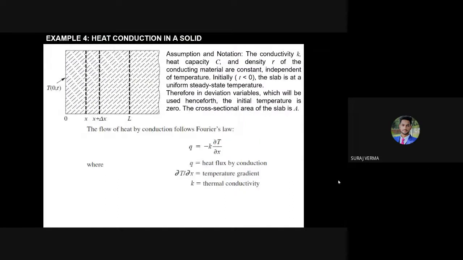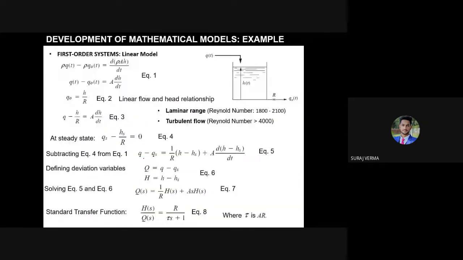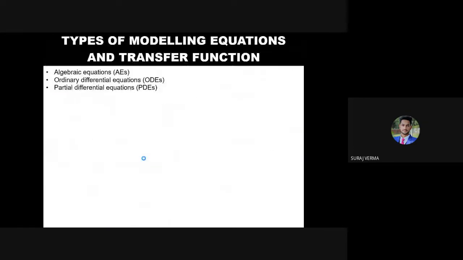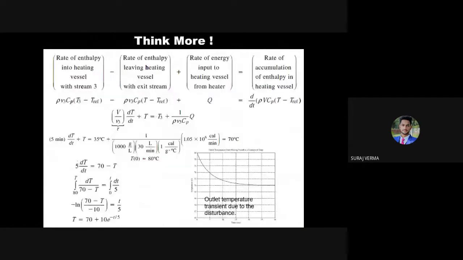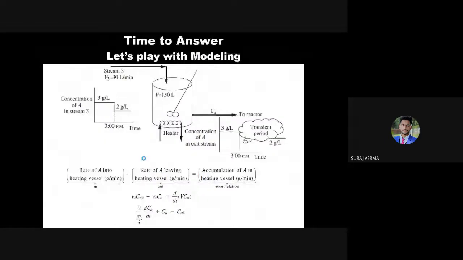Okay, so in all the previous examples you have seen the example of a lumped parameter system. We have already discussed the different models of the system, and the types of model we have seen.